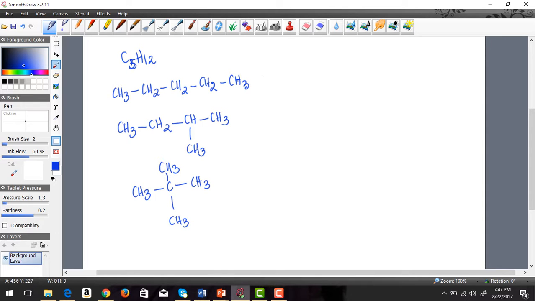All right, so these are the three isomers we have established. Right now, these are branched. You see, well, what is a branch? Well, if a tree trunk is your fundamental, any branch that's coming off of that tree trunk is a branch. That's why they're called branches. So these are branched, right? Okay, now of the two, which one do you think is more branched?